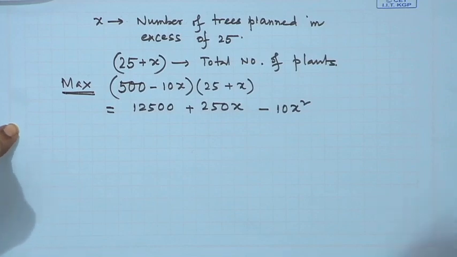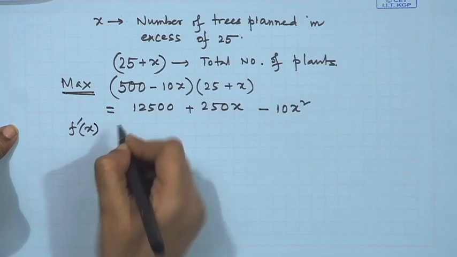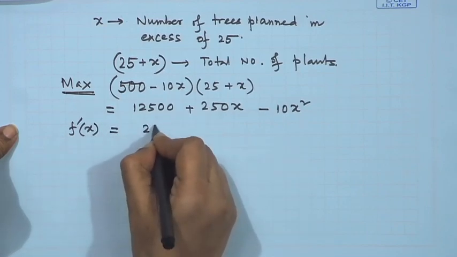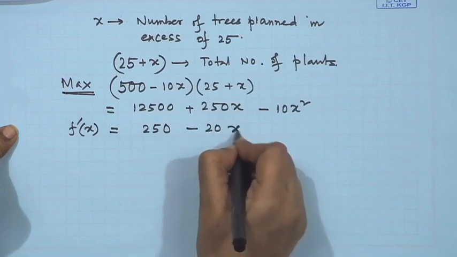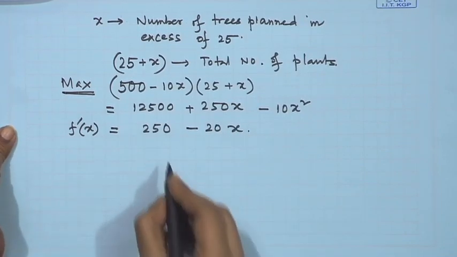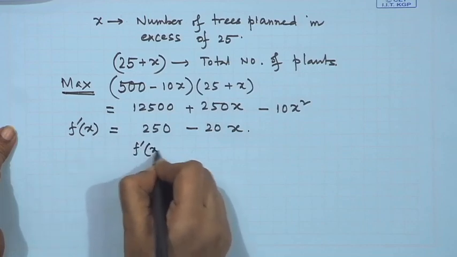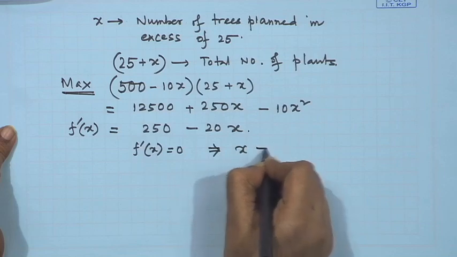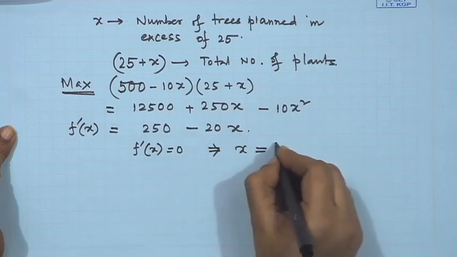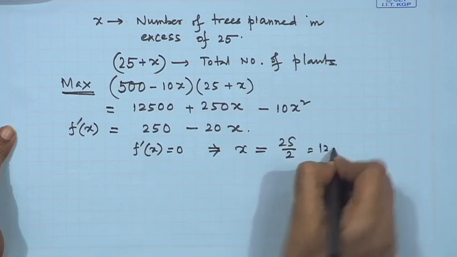Now, let us apply the classical optimization technique. What are we getting? f prime x is equal to 250 minus 20x. That is why the stationary points are, if I equate f prime x to 0, it gives me that x must be equal to 25 by 2, that is 12.5.